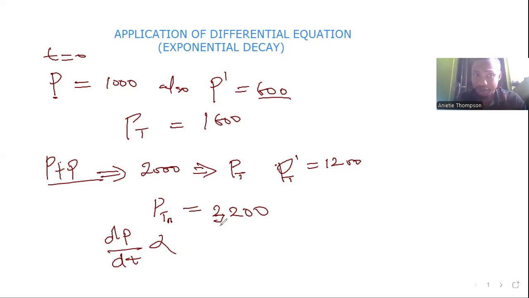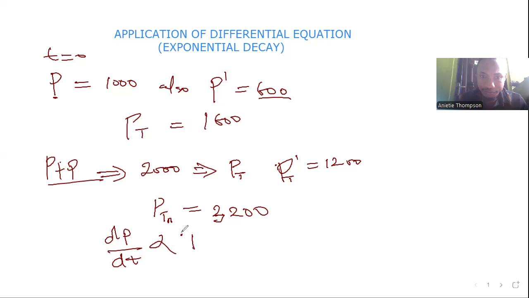When the population was 1,000, the growth rate was 600. Now we increase the population size to 2,000, and the growth rate is now 1,200. It's also increasing exponentially. So the rate of change of the population is directly proportional to the population size.